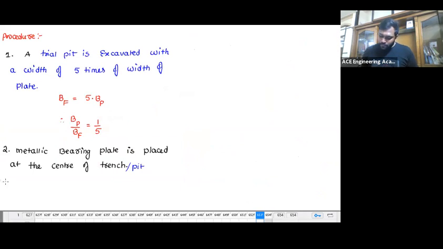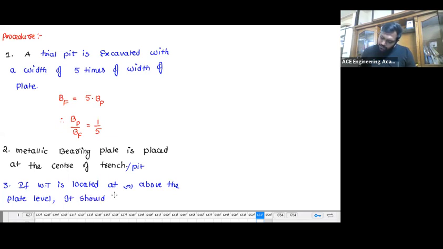Which means if the water table is going to be located at or above the plate level, it should be lowered by at least 1 meter below the plate level.